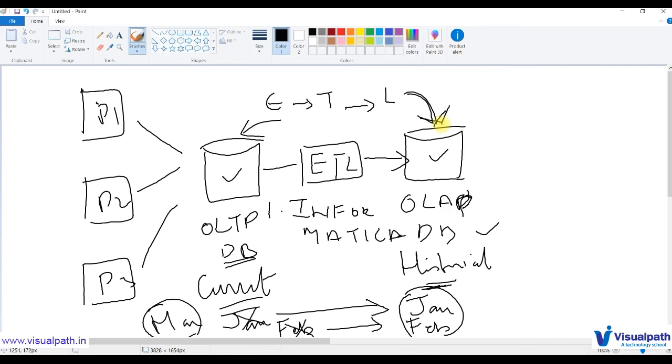Why? Because in order to get the report out from your OLAP database, I should fire a query. Without writing a query, how could I get my data out? Right? So in order to get the data out, I should write a query. And in order to write a query, you should have the technical knowledge to write such queries. But do you think that these higher hierarchy people will have the technical knowledge? They may or they may not have.